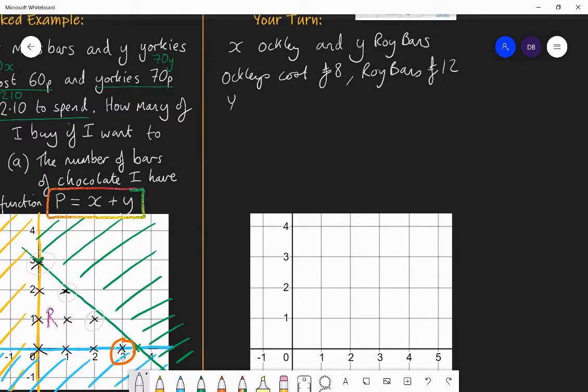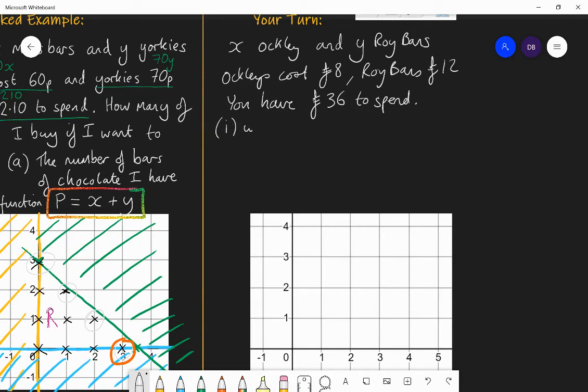You have £36 to spend. Okay, so now the first part is you're going to write down 3 inequalities that define your constraints.